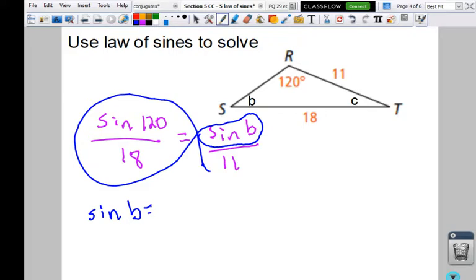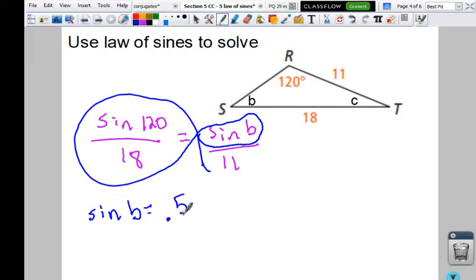Let me go here into Desmos. 11 times sine of 120 divided by 18, and I get 0.53, rounded.